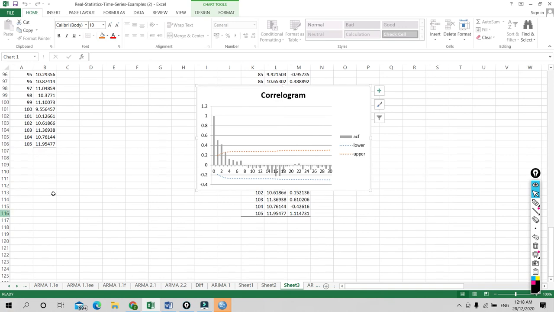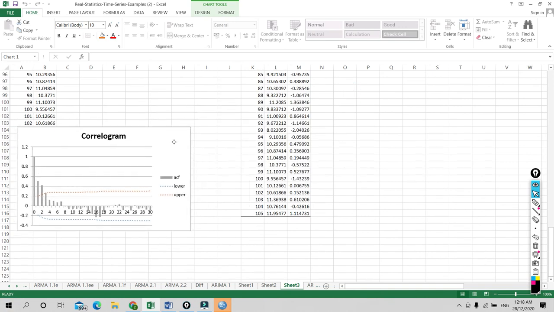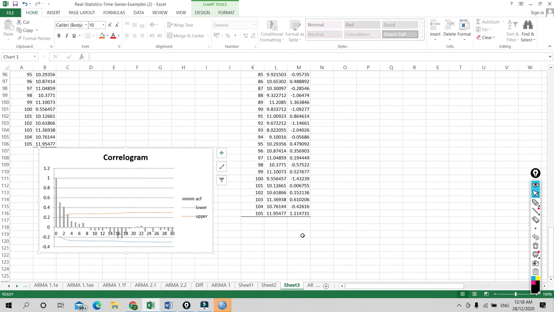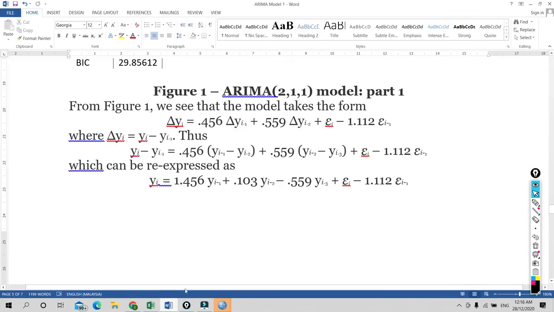You can play around with this software to find which model fits the best. Just now we first assumed 211. Now we change to 201 because we feel that the trend here is not that strong, so maybe we don't have to do differencing.